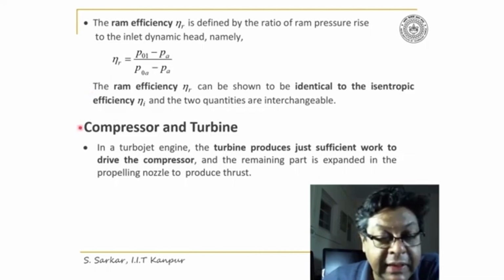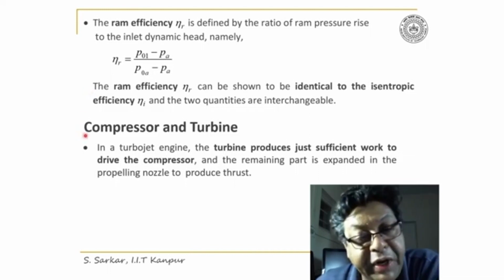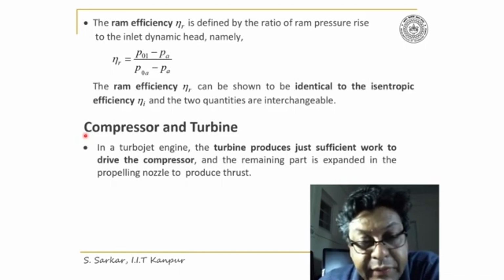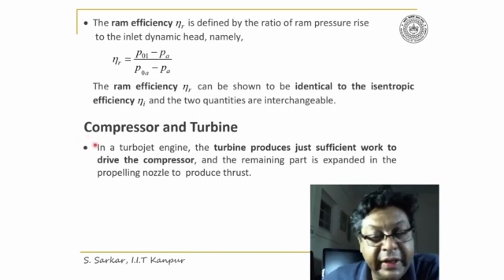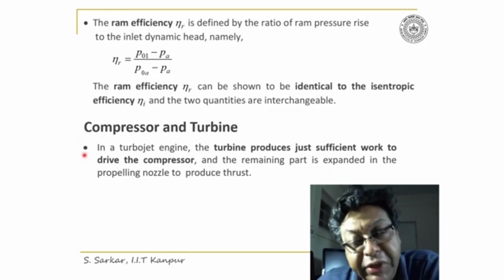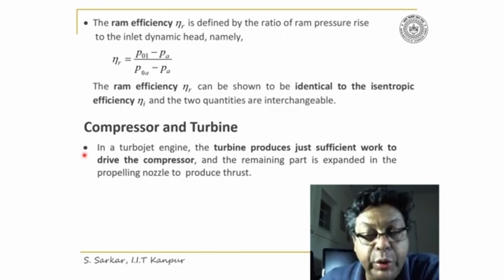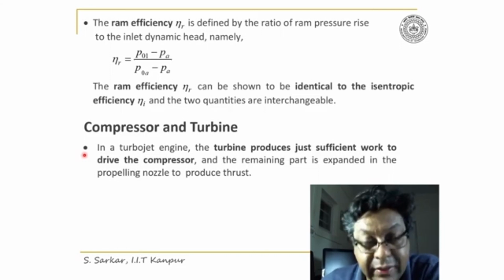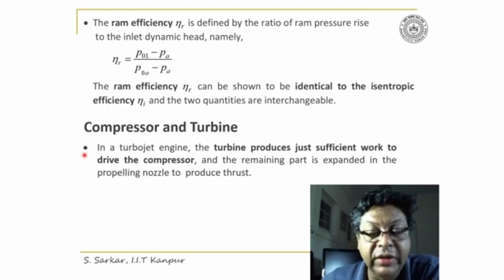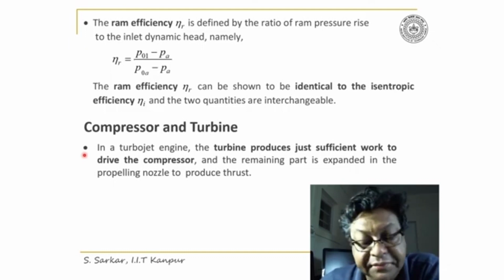Now we'll move to compressor and turbine. I have already explained that in a turbojet engine, the turbine produces just sufficient work to drive the compressor, and the remaining part of the gas is expanded through the propelling nozzle to produce thrust.